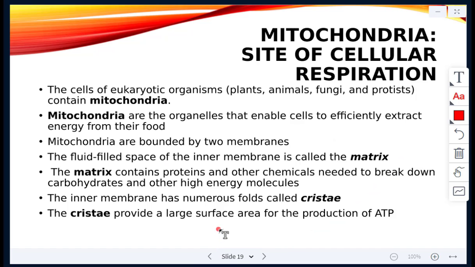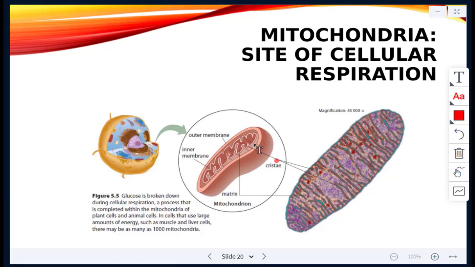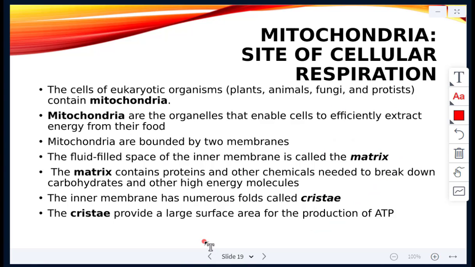The matrix contains proteins and other chemicals needed to break down carbohydrates and other high-energy molecules. The inner membrane has numerous folds. Those are called cristae. So these are those folds. And those cristae provide a large surface area for the production of ATP.